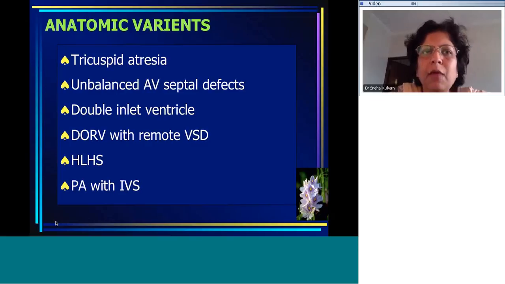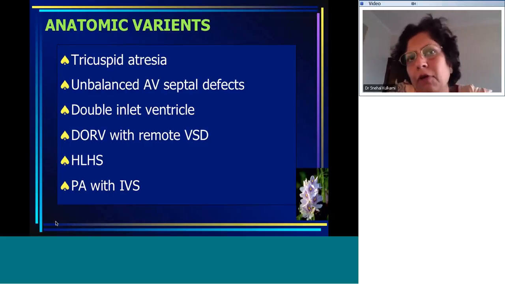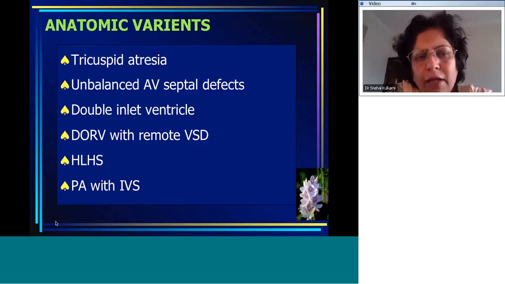The next is hypoplastic left heart syndrome. It's a combination of multiple abnormalities. You have mitral stenosis or mitral atresia. Embryologically, when the ventricles develop, they always develop with the inflows, so your inflow has to be adequate to have a good-sized ventricle.